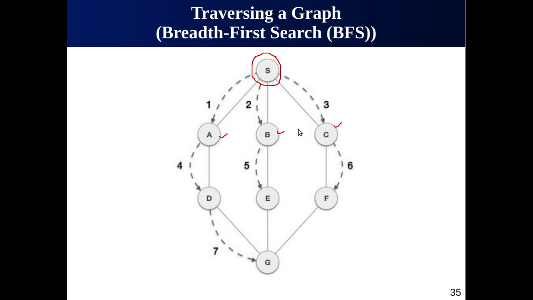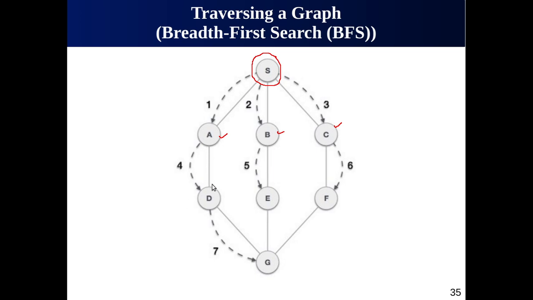After identifying all the neighbors at that level, it's time to identify the neighbors at the next level. For example, this is our level number 0. We identify all the nodes at level 1, then move to level number 2.